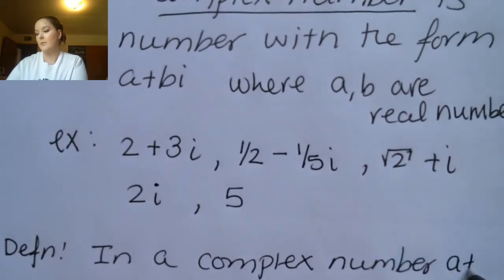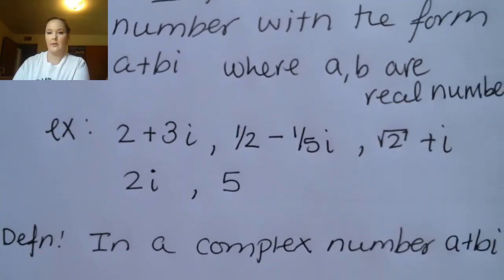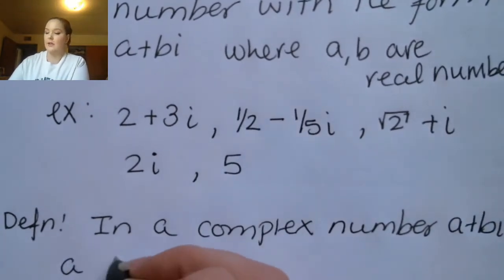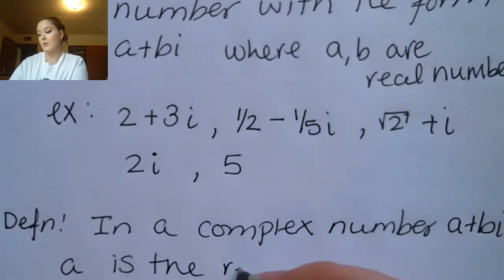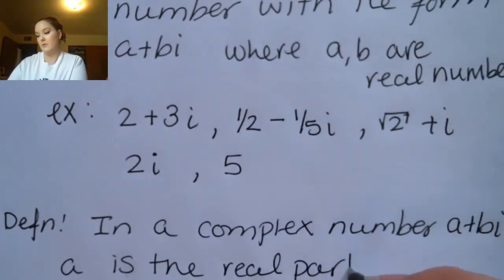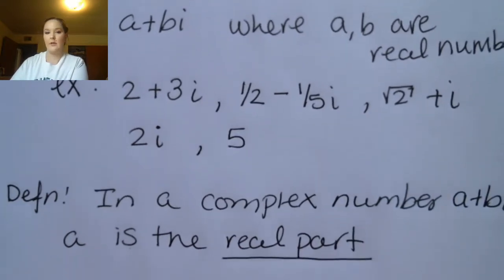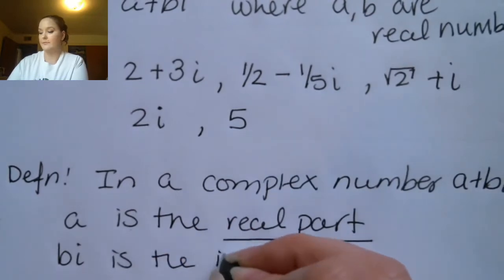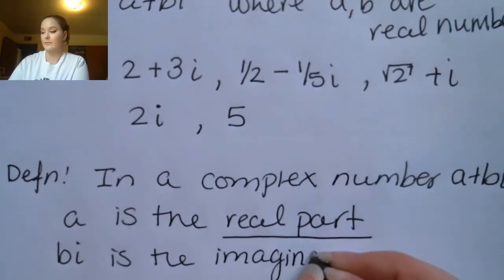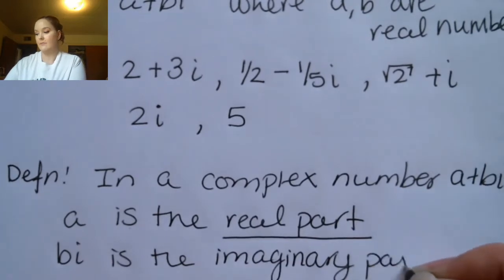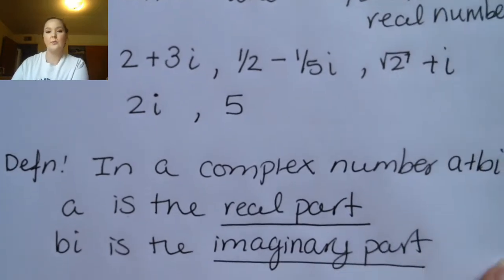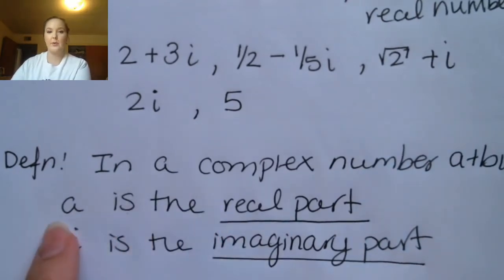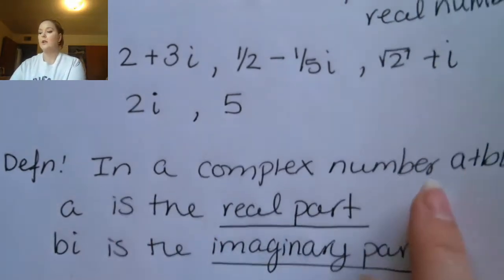Okay, so we're going to look at a complex number a plus bi, okay? So a is called the real part, okay? And bi is the imaginary part. Okay, so the two parts of complex numbers are the real part and the imaginary part. Okay, so let's look at our examples and just quickly say what the real and imaginary parts are.